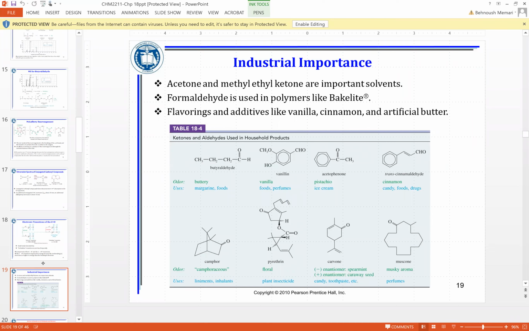Some uses of aldehydes and ketones in industry: acetone and methyl ethyl ketone are good solvents. Formaldehyde is used in polymers, and also flavoring. They're used in flavoring, like cinnamaldehyde, which we find in cinnamon and other food.